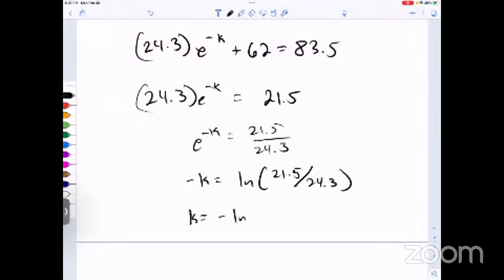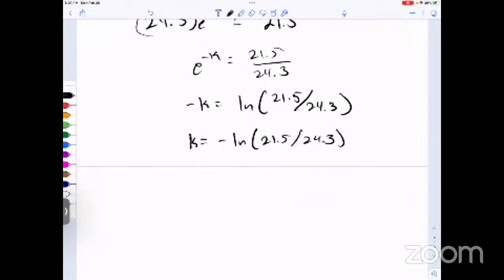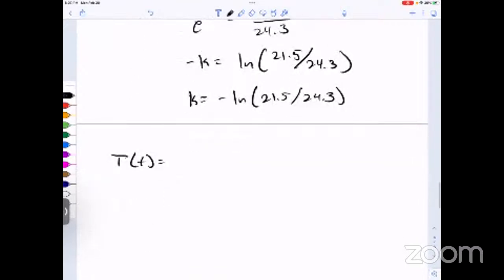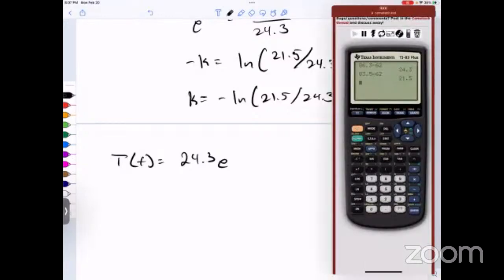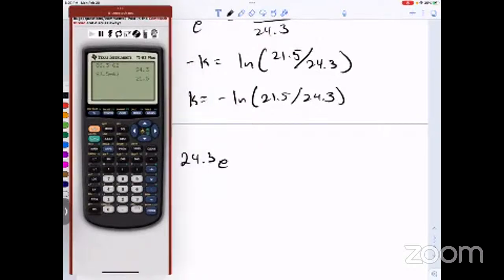With that, we get that the temperature of the body based on time is going to be T equals 24.3 e to the, let's calculate that number for the k. For k, we're getting negative log of 21.5 over 24.3.